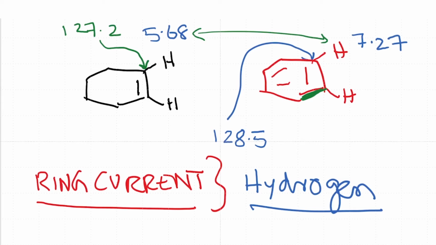The hydrogens that are inside, or the groups that are inside the benzene ring, lead to opposition of the magnetic field, whereas the ones that are outside lead to a reinforcement. Okay, so therefore the outside values are more deshielded and they lead to a larger delta value.